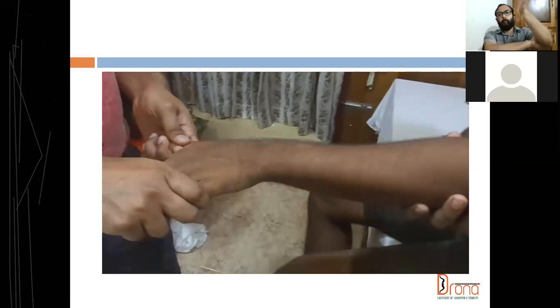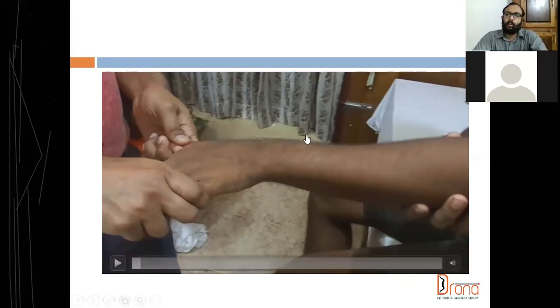Actually, this is a particular application of marma. If we are giving traction, advise the person giving counter traction to give it over the cubital fossa. Then the pain of this reduction maneuver will be reduced by up to 50%.